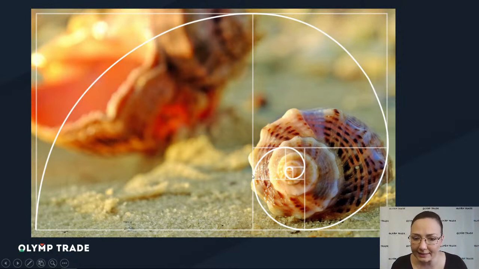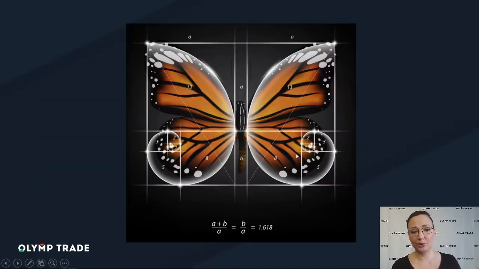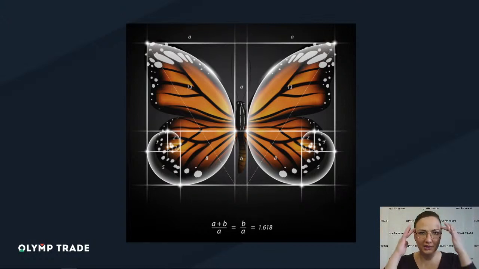You can see this so beautifully displayed in nature. And here is one more picture I want to show you. Once again, we have the same calculation. We have the golden ratio that we can see in the wings of the butterfly. It's so beautiful, and it's mind-blowing how these things actually work.